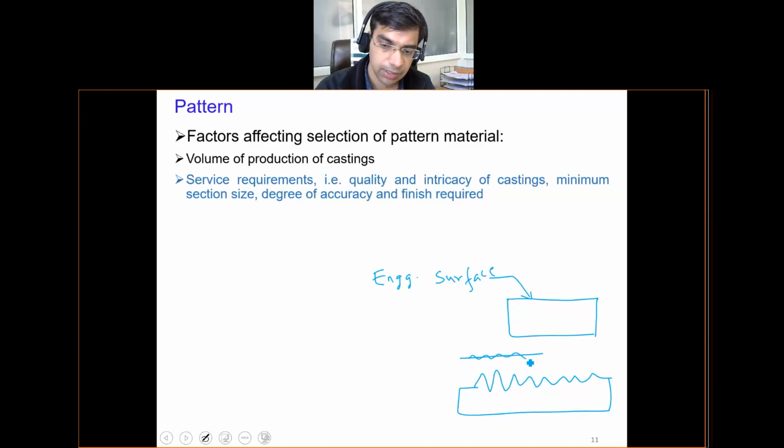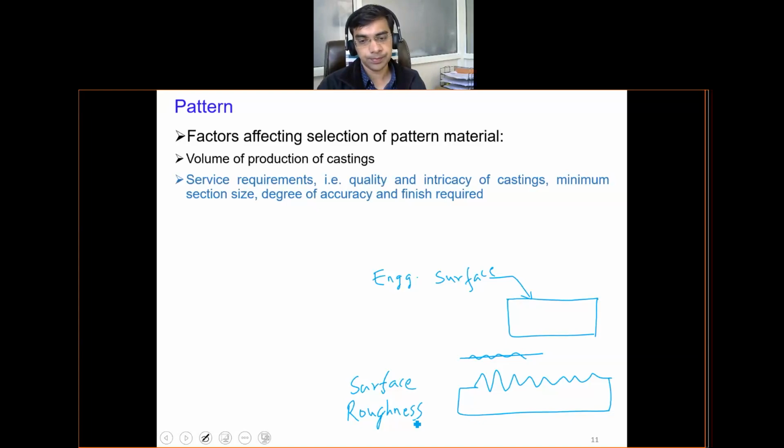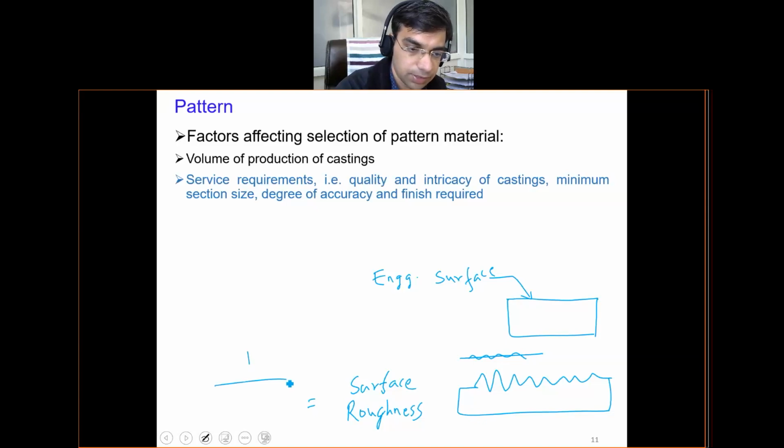If the value of the undulation is very high, that is measured using the parameter known as surface roughness. There is an instrument which measures this surface roughness, and if it is high, this means the finish is poor, and vice versa. So surface finish is an inverse parameter of surface roughness.